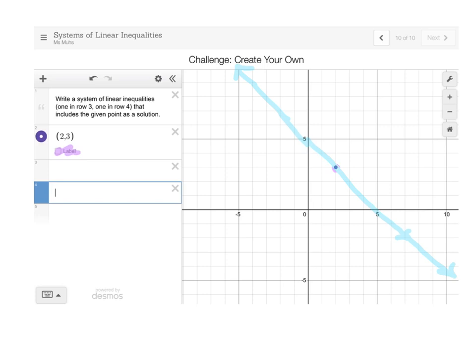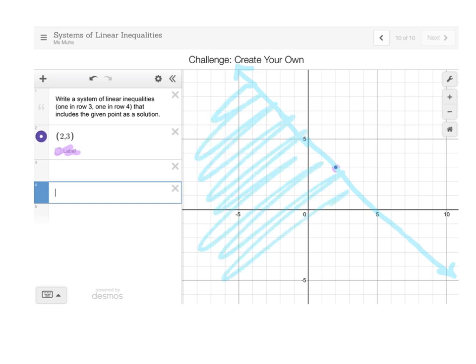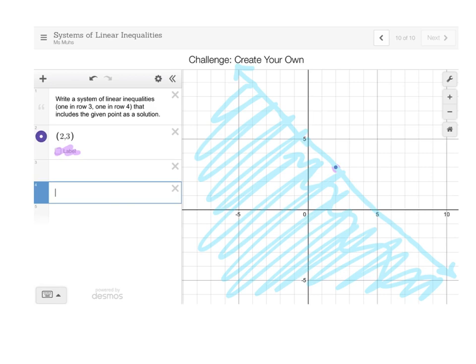It doesn't really matter which way I shade it, so let's shade it this way. This is a bit of an exercise in remembering how. So here's my y-intercept. My slope goes down 1 over 1. So that is y is less than 5 minus x.